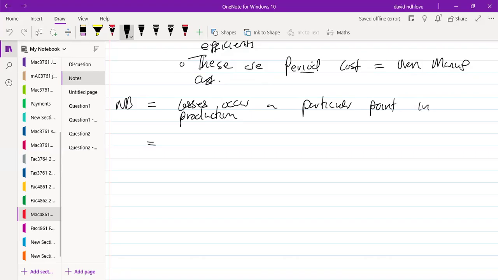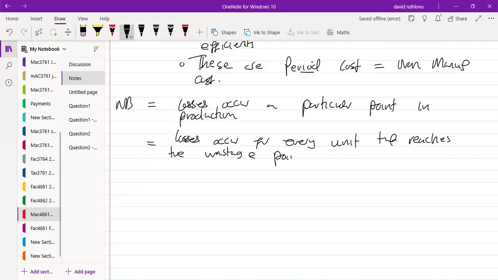So now we are saying losses occur for every unit that reaches the wastage point in the current year.